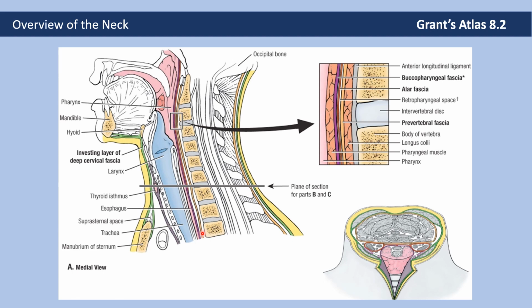Again, the neck can be divided into these columns by these fascial layers, making a musculo-osseous column or a visceral column. And we'll talk about those some more as we go along.